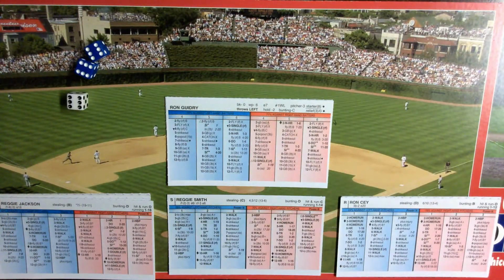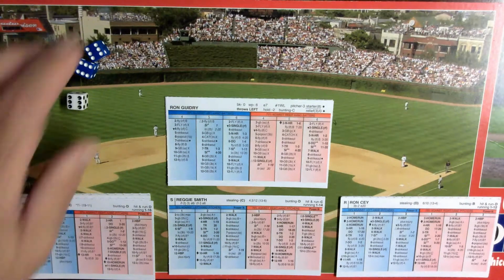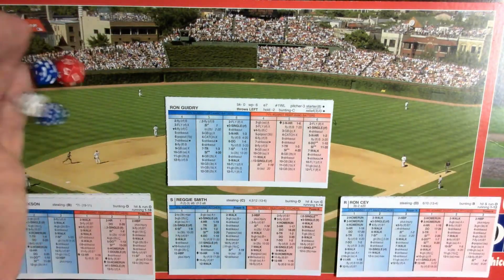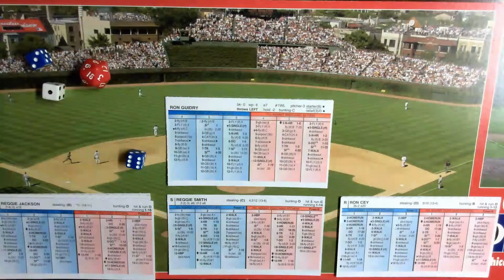That's a 6 and a 12 against a right-handed hitting Smith. Fly ball, left field X. Second time we've had that result this inning. Ball's hit to Piniella. It was a 3 and a 7. So a 16 will result in an F2.